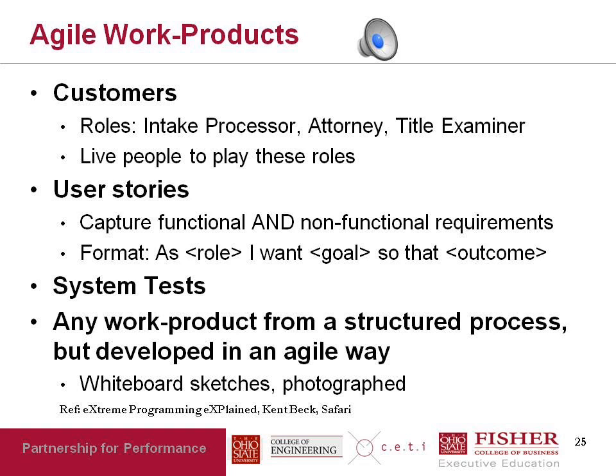The customer in agile requirements gathering is a first class work product, because the thinking is that customers are the true repositories of the requirements. However, there are some documents that are created to capture requirements work products.